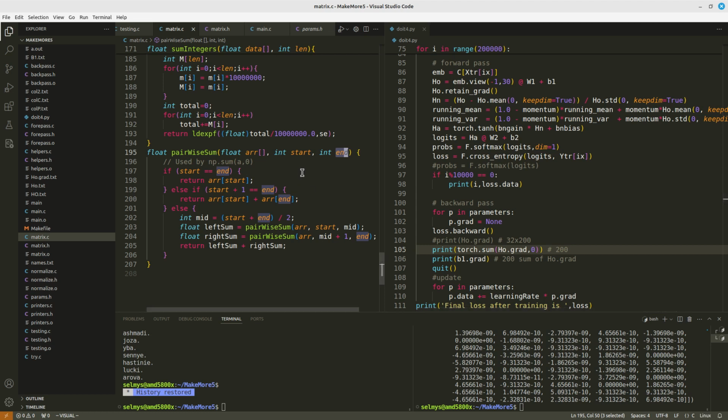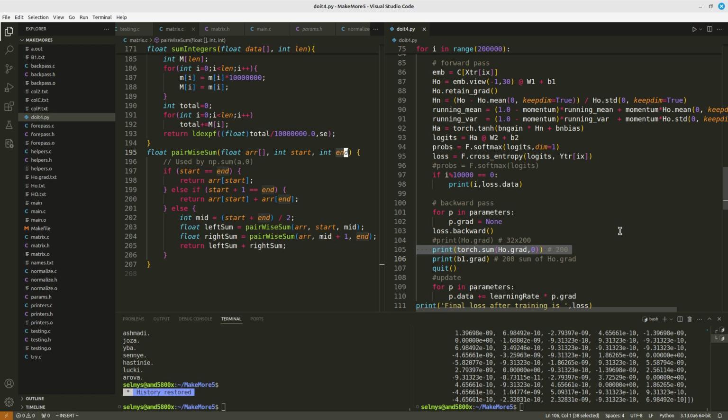So what it boils down to is that how this torch sum function works is completely unknown to me, and I can't seem to find an answer. So if anybody does know how exactly that sum function works, I would appreciate it.